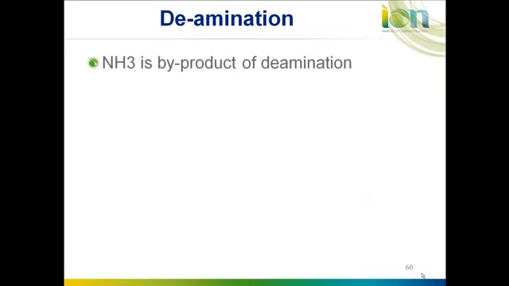So ammonia is the byproduct of deamination, and this process is going on in almost all cells inside you at this moment.